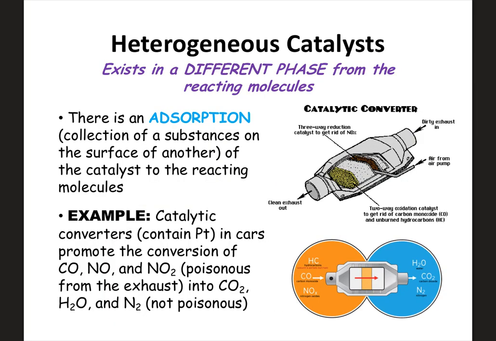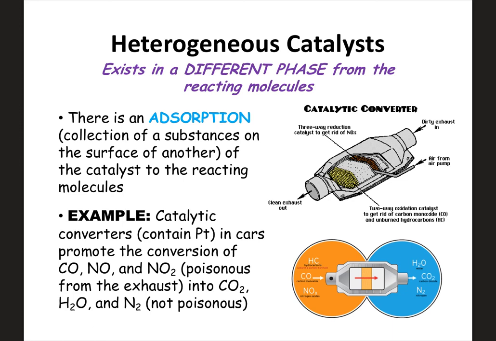Heterogeneous catalysts are just when the catalyst exists in a different phase from the molecules it's reacting with. So this would be like in catalytic converters. They have platinum, which promotes the conversion of these poisonous gases from the exhaust, CO, NO, and NO2, into less poisonous gases, CO2, H2O, and N2. So essentially the platinum is a solid and it's reacting with gases.